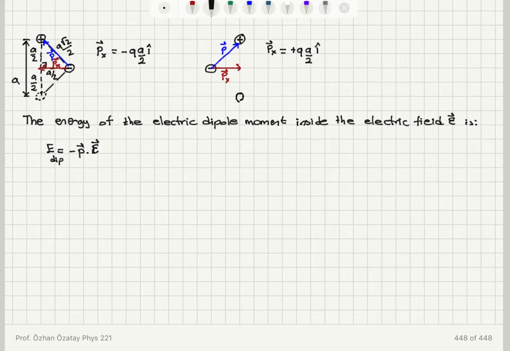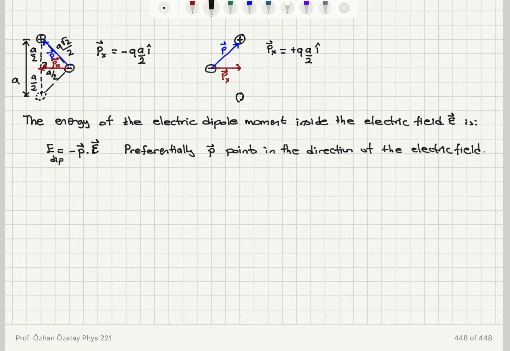So preferentially, this is telling us that P points in the direction of the electric field.